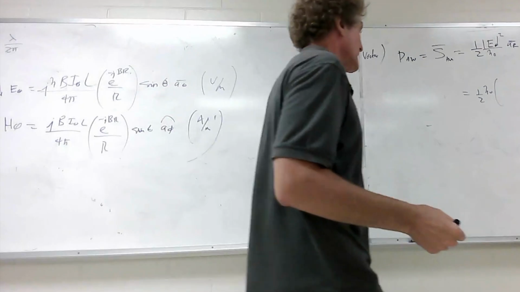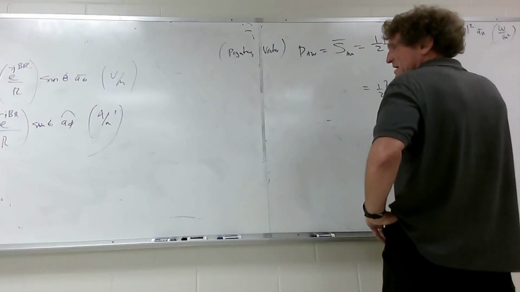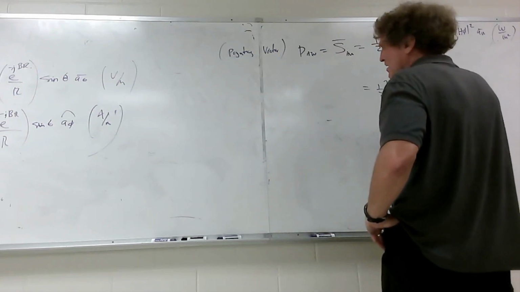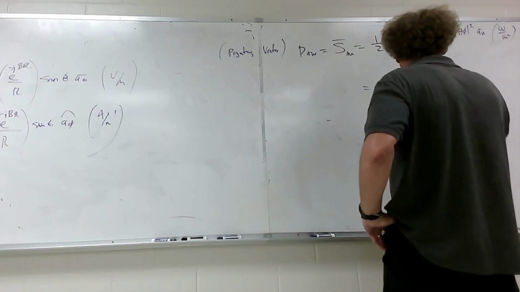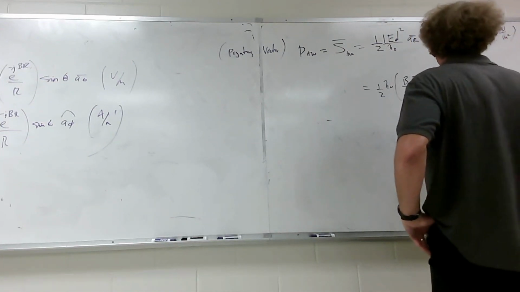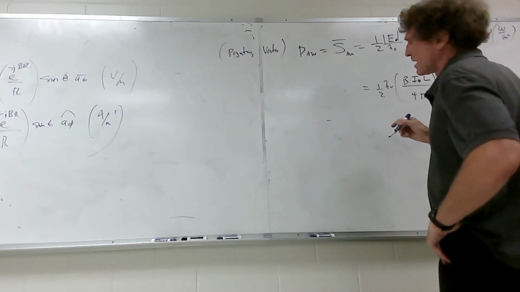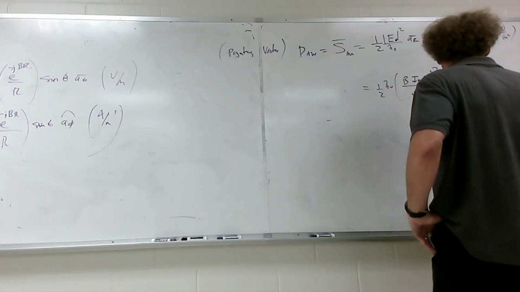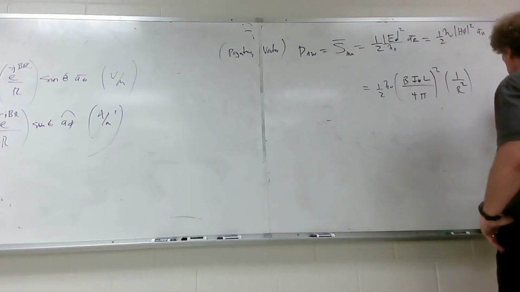You're going to get beta I naught L over 4 pi. This has to be squared. Then you're going to get a 1 over R squared term. And you're going to get a sine squared term.